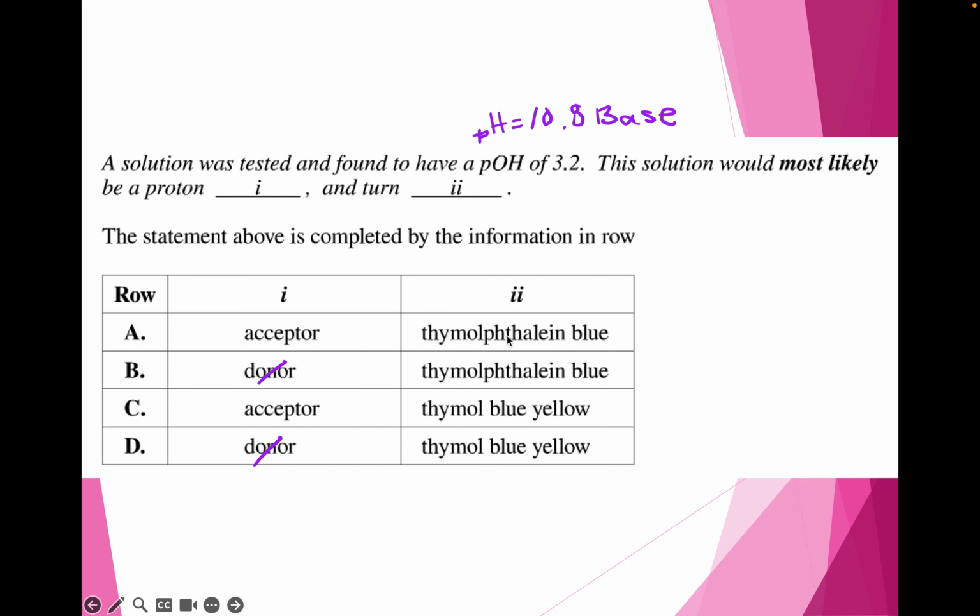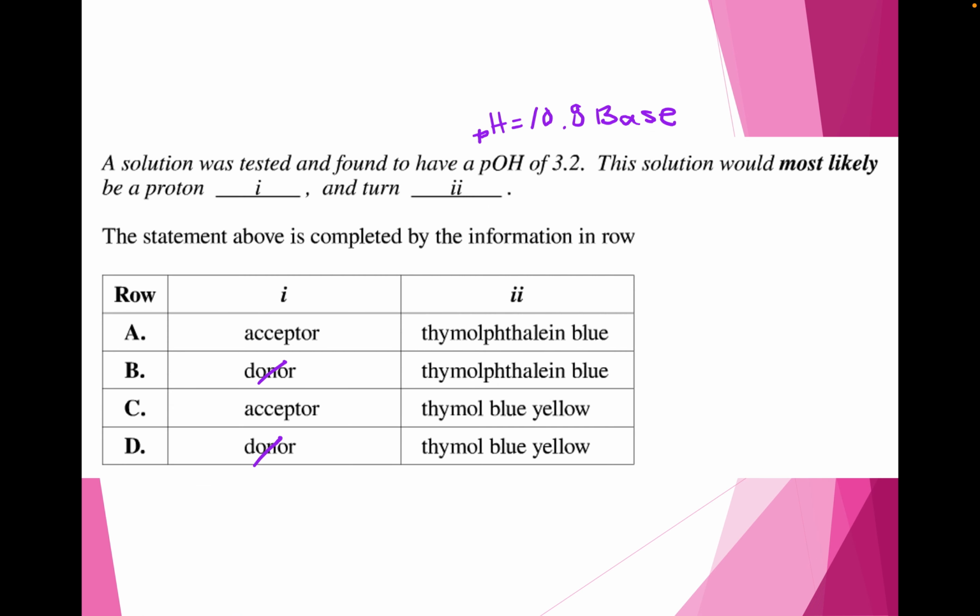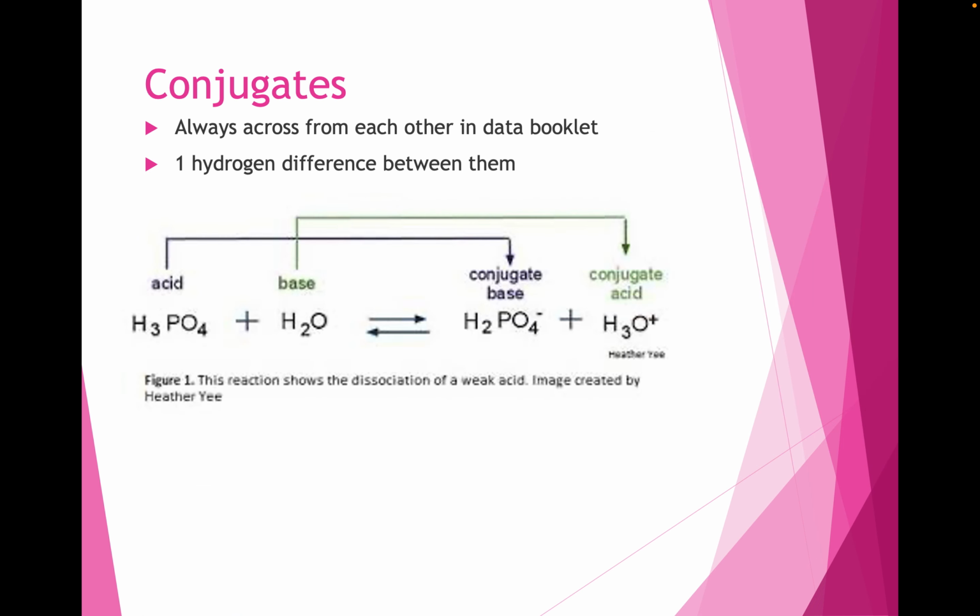Thymolphthalein is 10.3, and that would be blue. Then I just want to double check the other one just to make sure. So A looks right. And where is thymol blue? Up there. Oh, okay. Thymol blue should have been blue, and it says yellow. So that's not true. Okay, so your answer there was A.